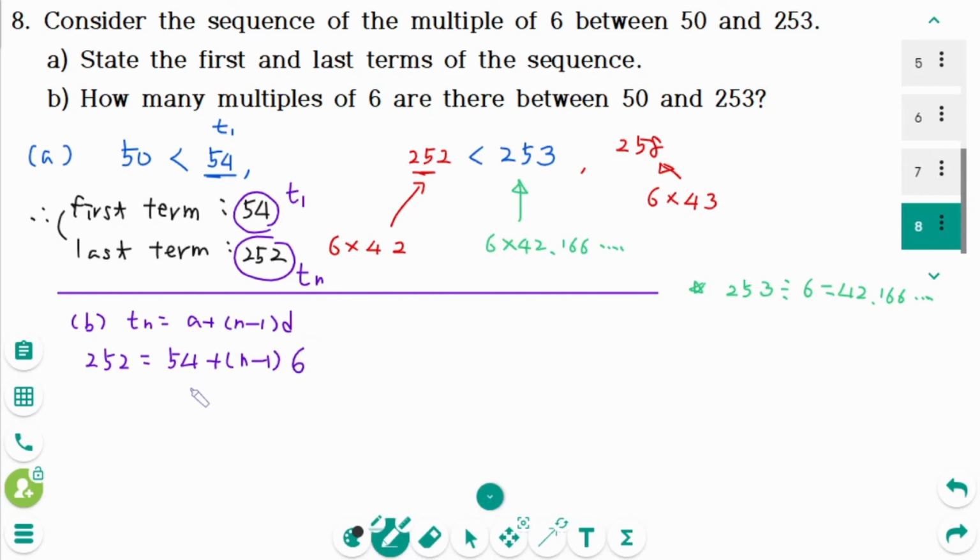Then move 54 to the left, which is 198 equals n minus 1 times 6. Then divide by 6 on each side, n minus 1 equals 33. Then n equals 34. The answer is 34 terms.